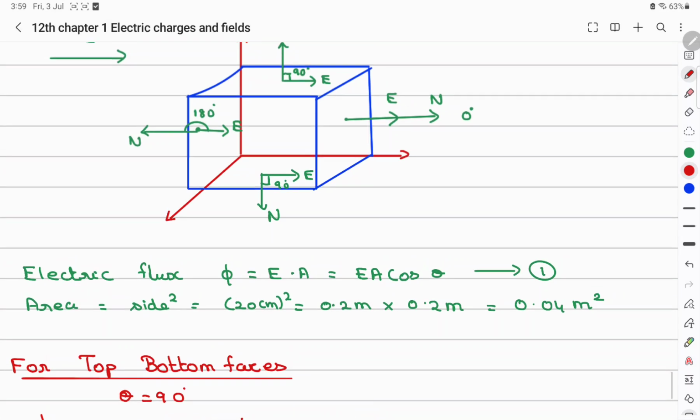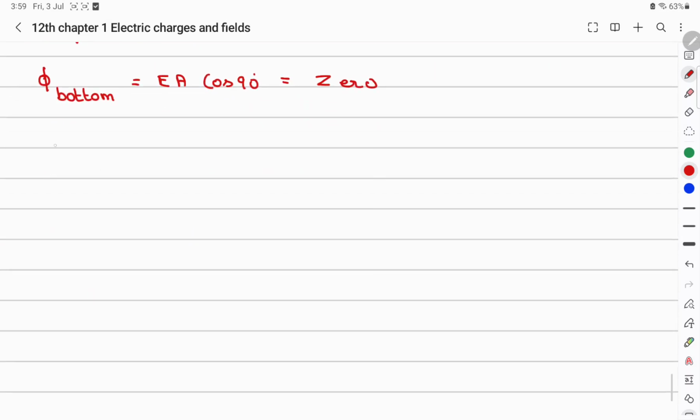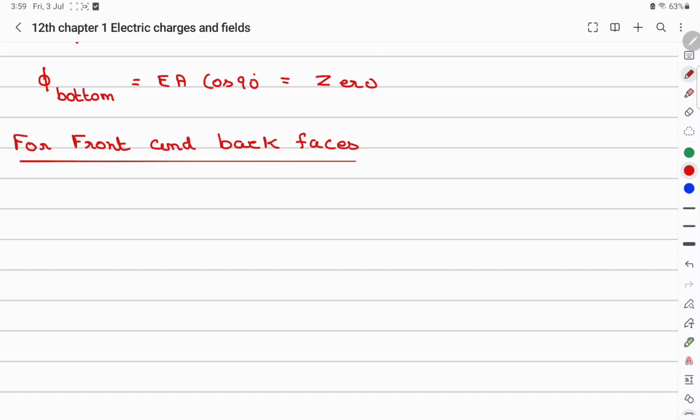And next we are going to solve for the flux through the front and the back faces. For the front side, the angle is 0 degree, and for the back side the angle will be 180 degree. These faces are perpendicular to the x-axis.